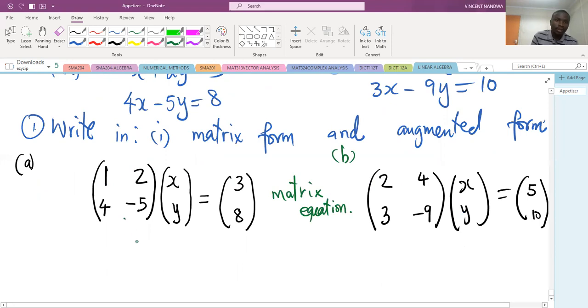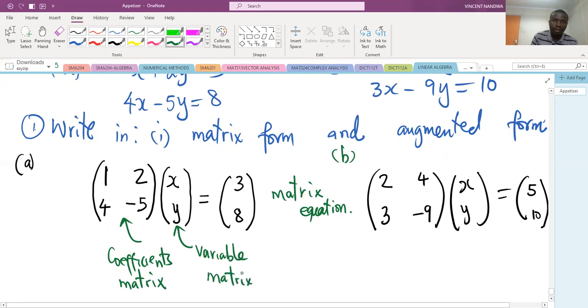And so this first one is usually called the coefficients matrix. And then this is the variable matrix. And then this is the constants matrix.